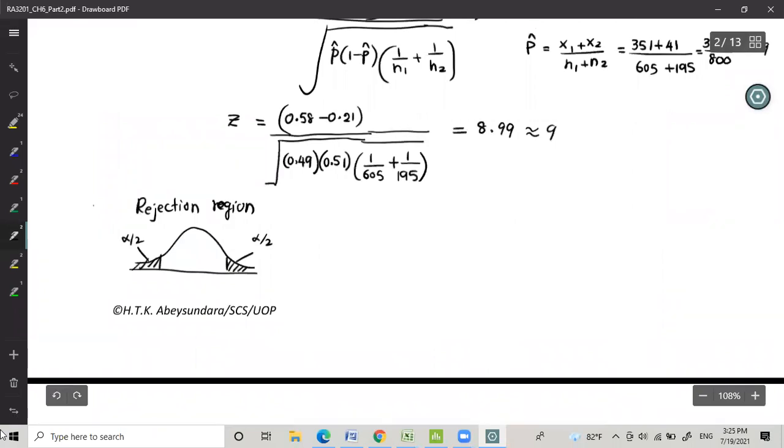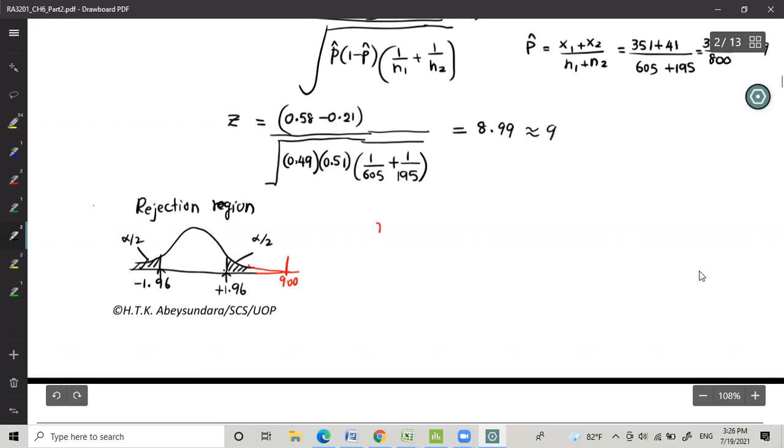With 5%, you already know the boundary will be plus or minus 1.96. You already know for tail probabilities of 2.5%, it is going to be plus or minus 1.96. And it's very, very clear that the z-score 9 is far, far away in the tail somewhere here. So let's write the decision.